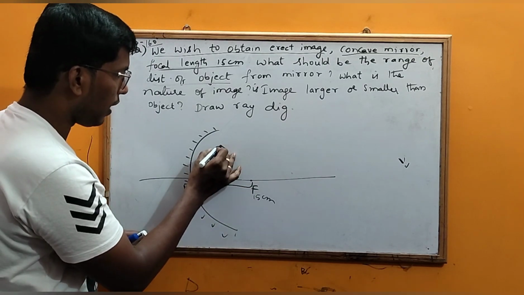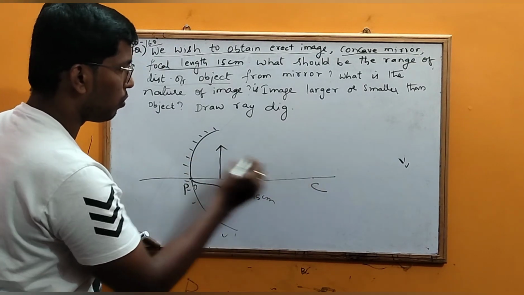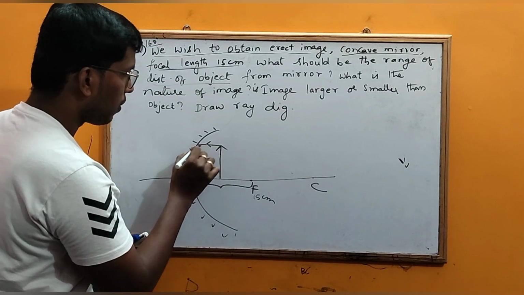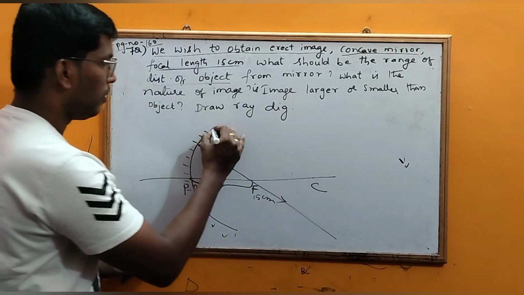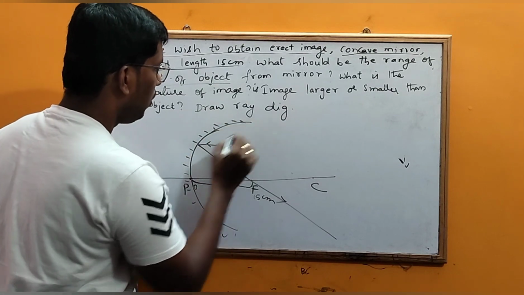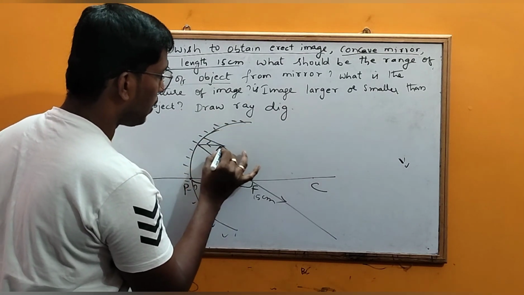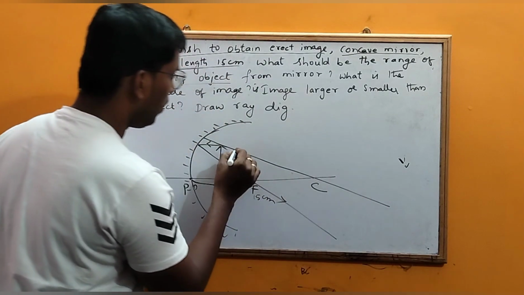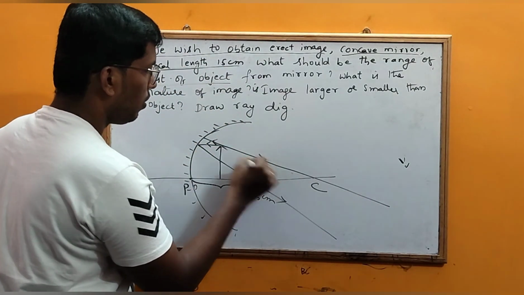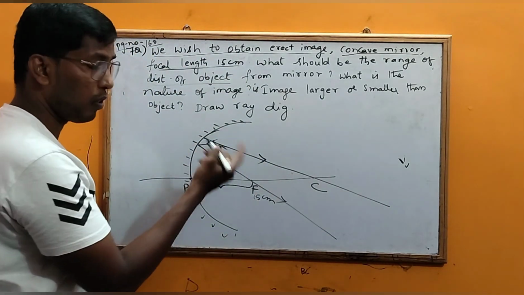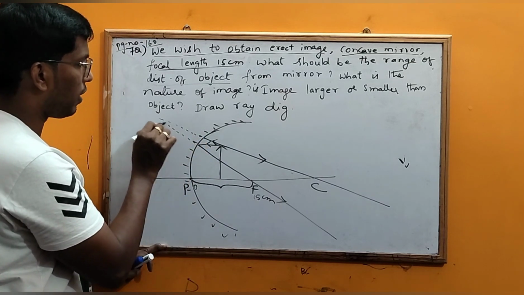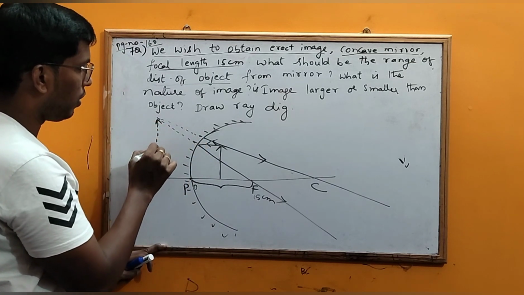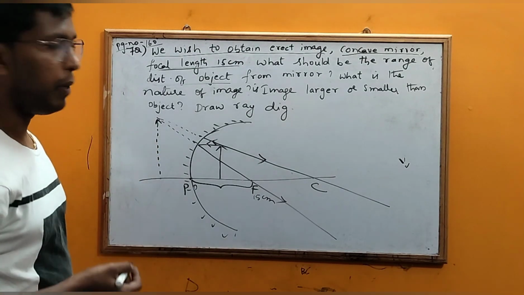So if I draw the diagram, let me consider C also. A ray parallel to the axis, after reflection, passes through the focus point, right? Now I will take another light ray which passes from the center of curvature, and reflects in the same line, same direction. If I extend these two light rays backward, they will meet at a point, and there I get the image of the object.